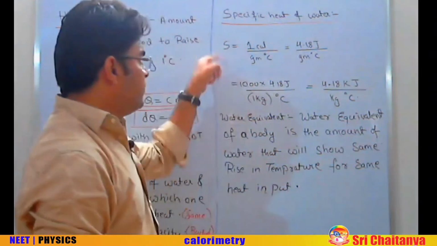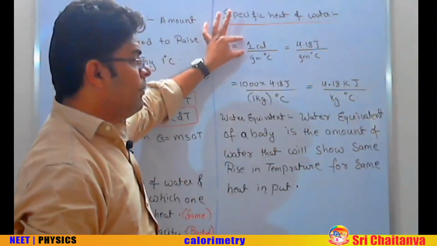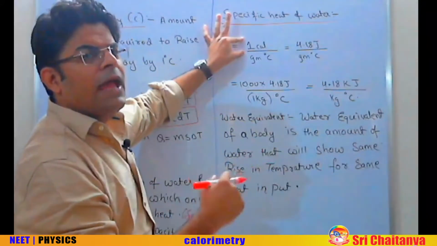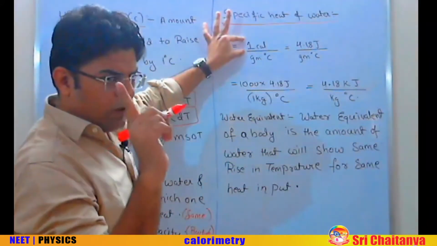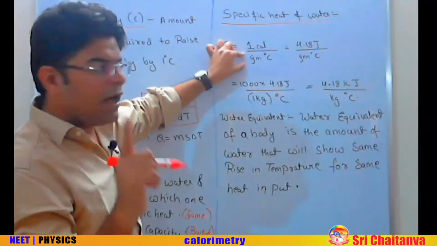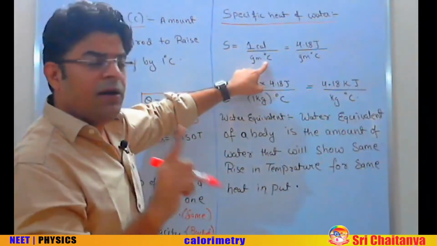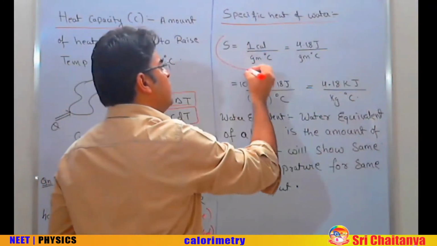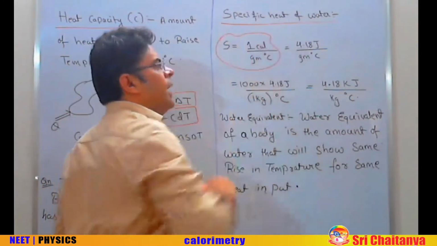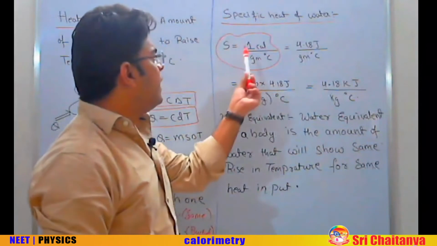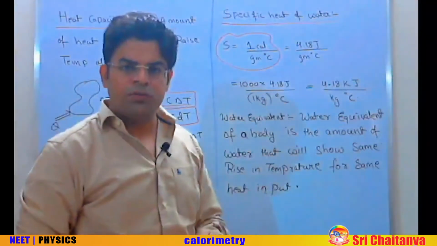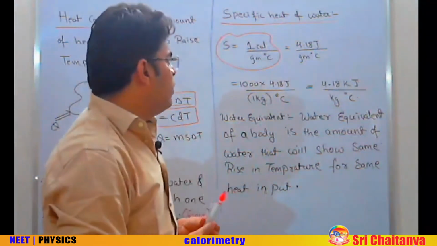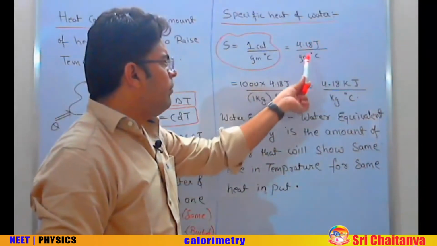So the specific heat has to be amount of heat required Q upon m delta T. Heat required 1 calorie to increase the temperature of 1 gram by 1 degree centigrade. So the specific heat of water can be written as 1 calorie per gram degree centigrade. We know that we can replace 1 calorie with 4.18 joule, that is the conversion factor we have learned. So 4.18 joule per gram degree centigrade.